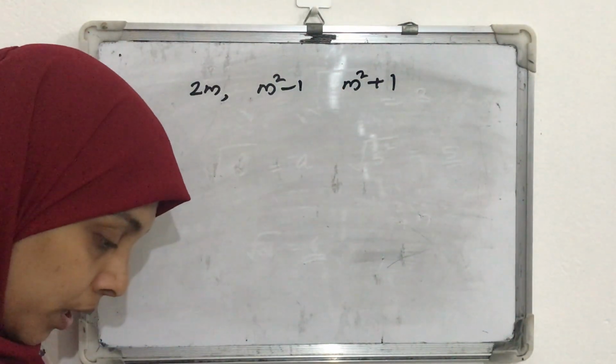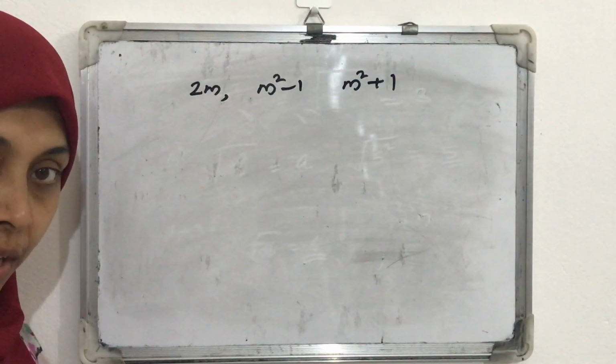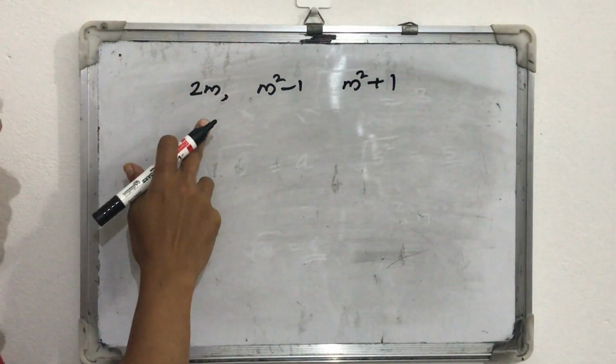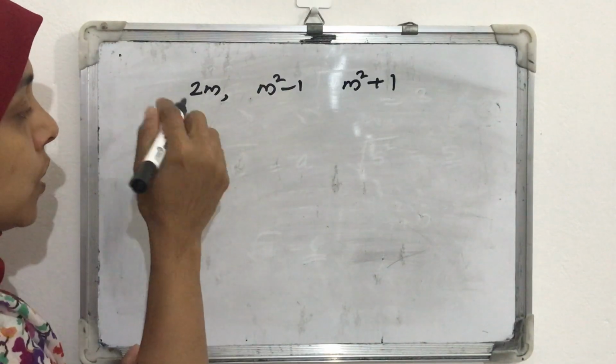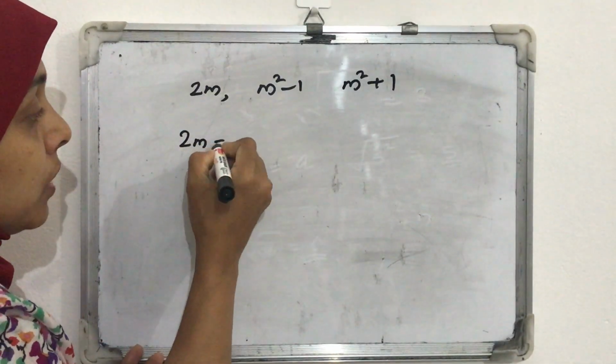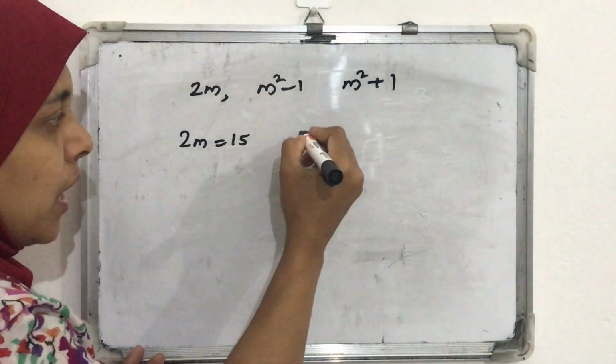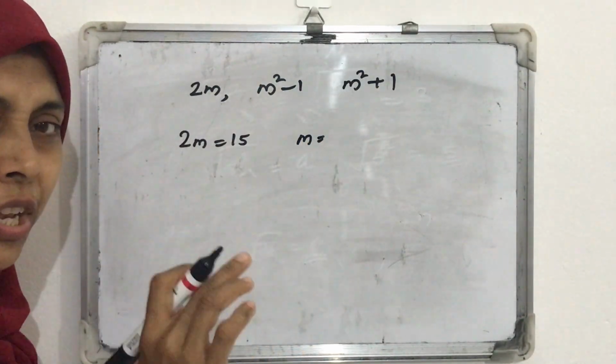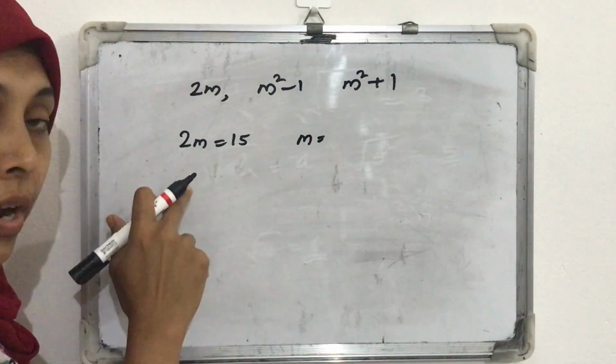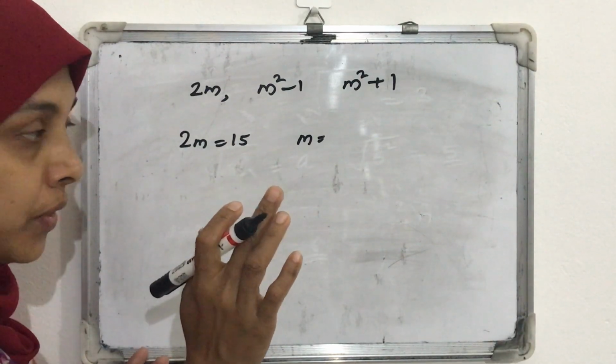Okay, now here one member is given as 50. So first we equate 2m. If you take 2m equal to 15, then m will be 15 divided by 2, which will be 7.5 something.